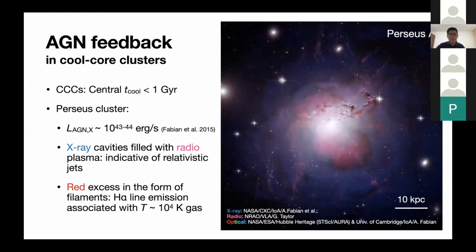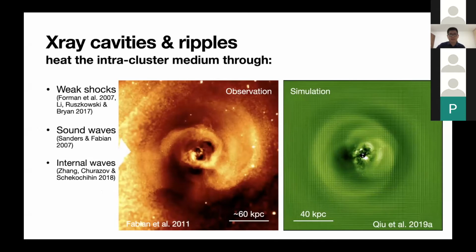To study the effect of AGN feedback for my PhD thesis, I developed these simulations, trying to study the evolution of galaxy clusters under the influence of AGN feedback. Here, I'm showing a pair of image comparisons between one of the snapshots in the simulation with the X-ray observation of the Perseus cluster.